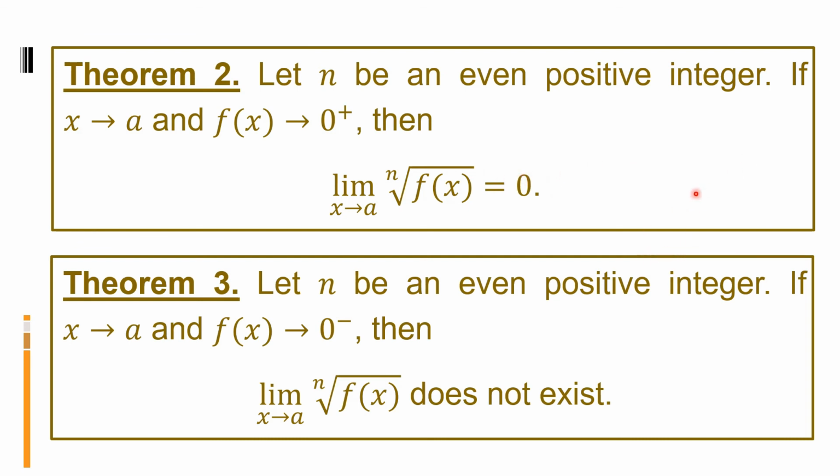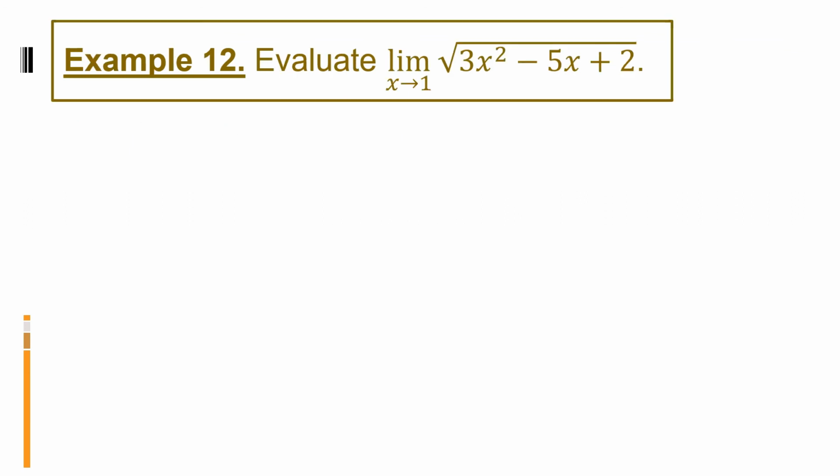However, if n is even and x approaches a and f of x approaches 0 negative, then the limit as x approaches a of the nth root of f of x does not exist. So parang ganun lang din kanina, no? Ito kasi dadaan siya sa positive, kaya magsi-0. Pero ito dadaan kasi sa negative, so parang magiging negative din siya. So does not exist.